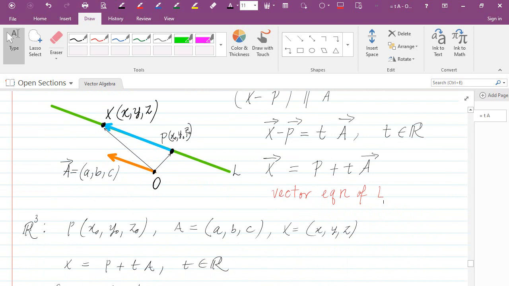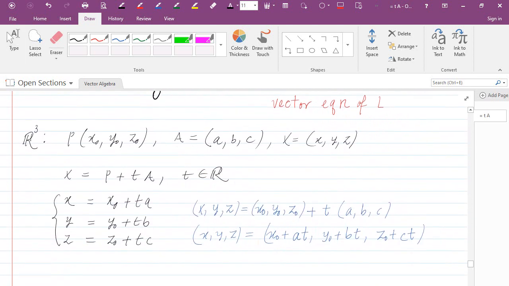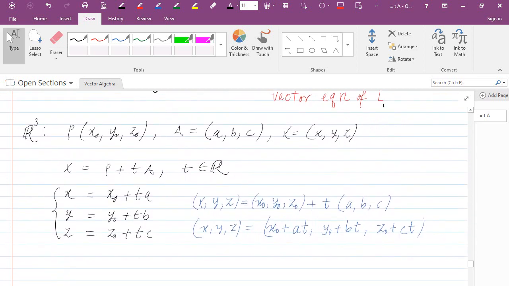So let's say in dimension 3, P has coordinates x0, y0, z0, the parallel vector A has coordinates a, b, c, and capital X is the arbitrary point on the line x, y, z. So P is a given point, X is an arbitrary point on the line, A is parallel to the line. Then the vector equation of the line would be X is equal to P plus tA.